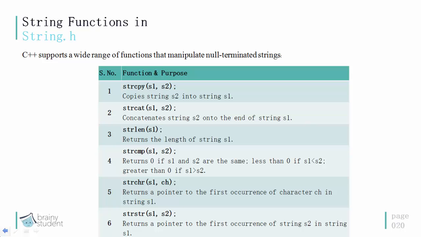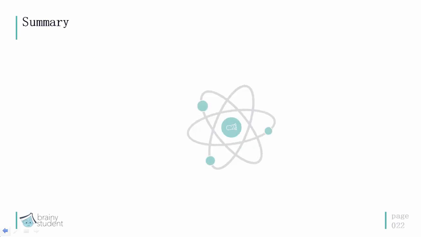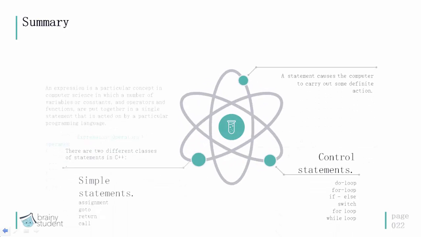Whenever we have a string s2, as soon as the first occurrence of string s2 is found, the pointer will come to that point. So these are some common string functions. For using any of the string functions, we have to include the string.h header file.